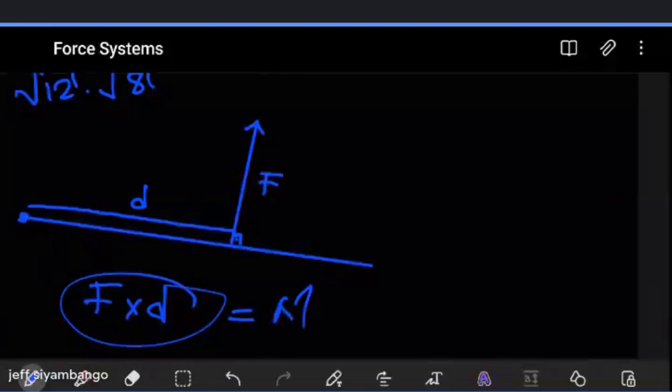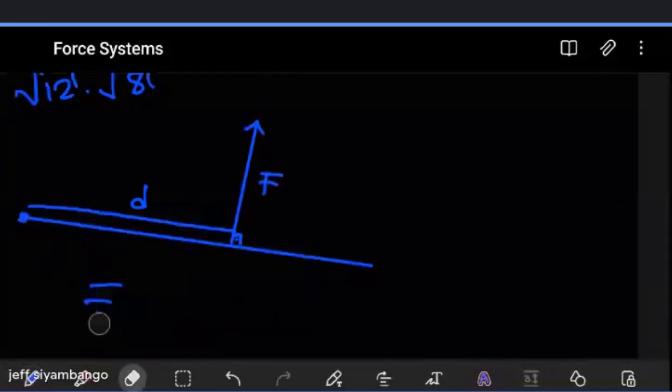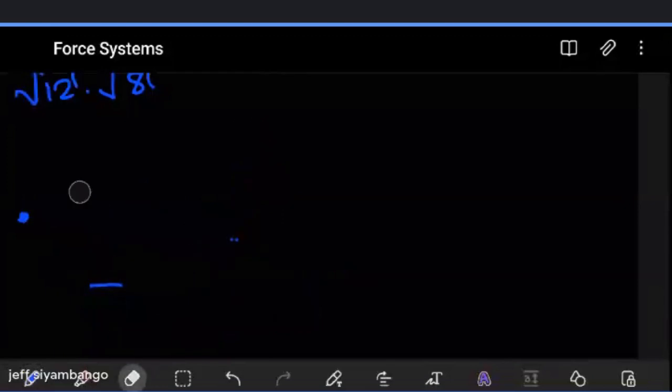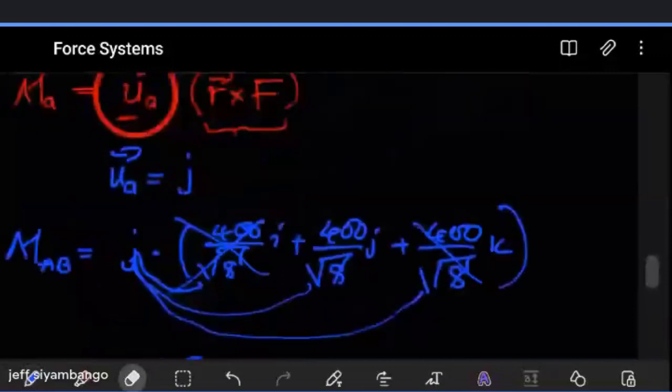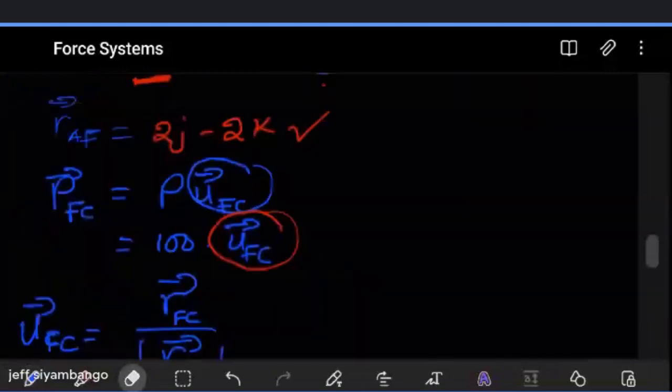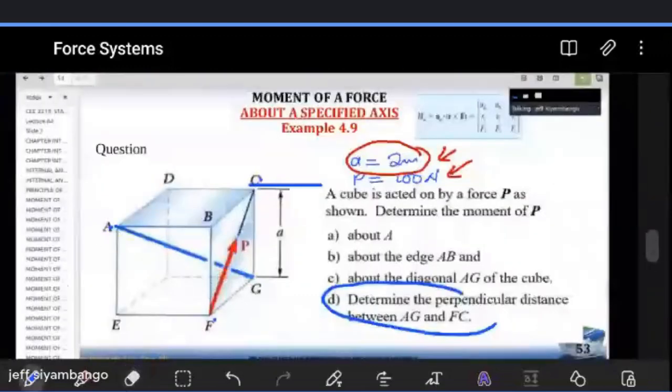Now, in this case, what we're given are two lines which are not close to each other like this. If we look at this diagram, our line AG is this side, and our line FC is this one.